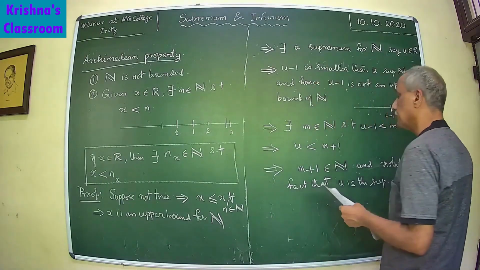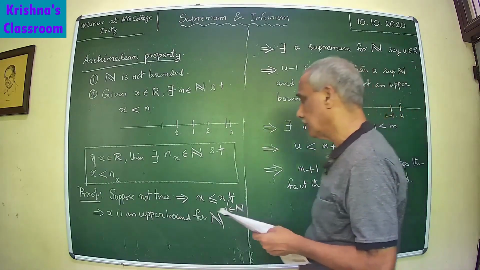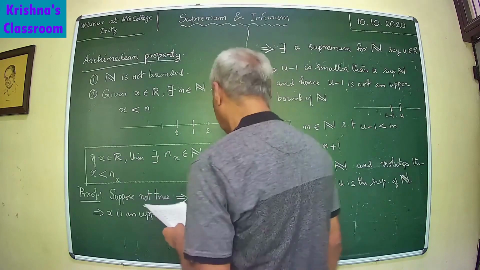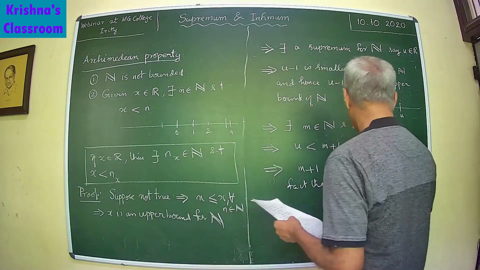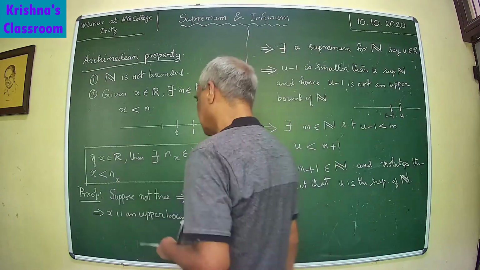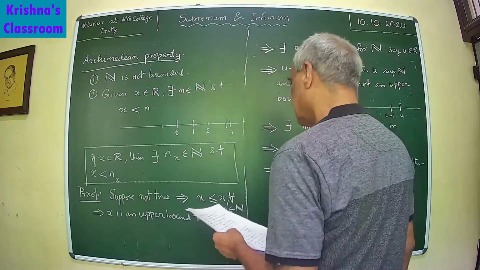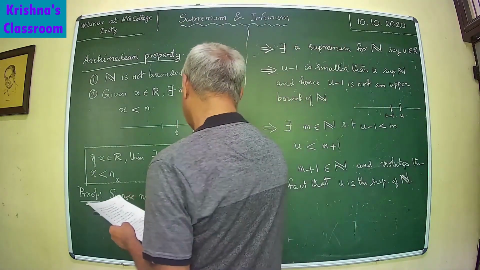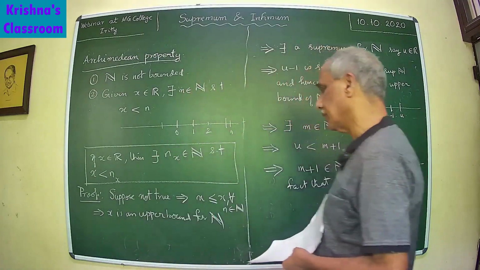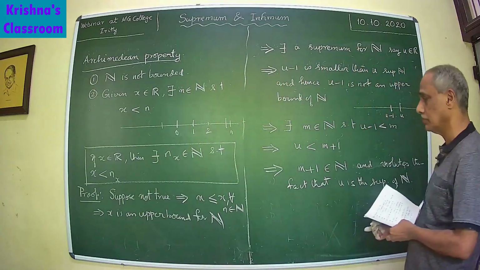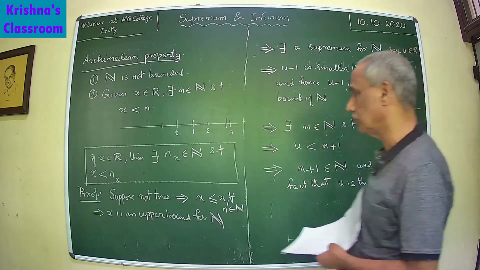Therefore, that completes the proof. Okay. Therefore, you see that it leads to a contradiction. Leads to a contradiction means what? The set of natural numbers is not bounded.